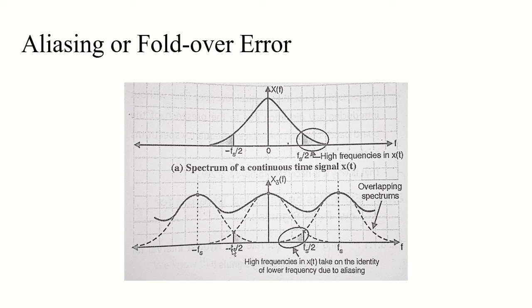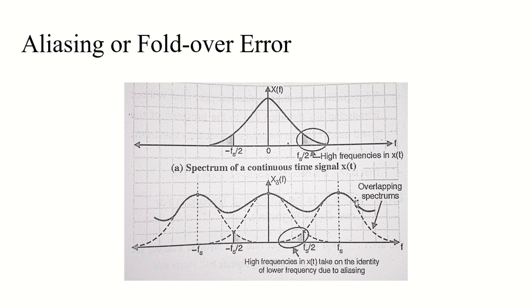And because of this fold over, the high frequencies in my x of f are reflected into the low frequencies of x delta of f. That is what you can see here: the high frequencies are getting reflected in the low frequencies.